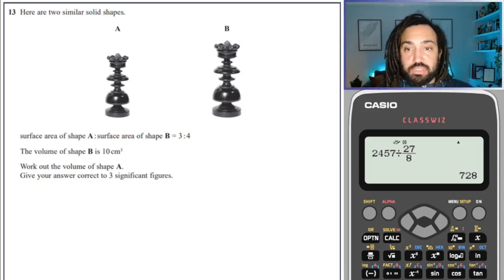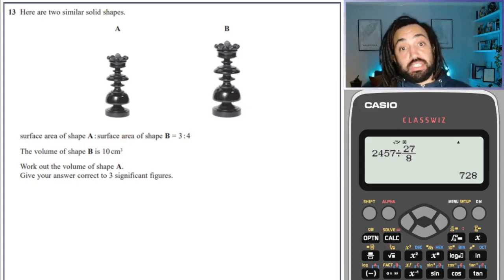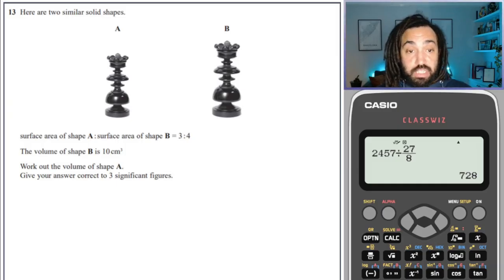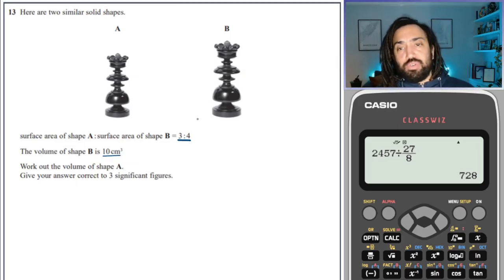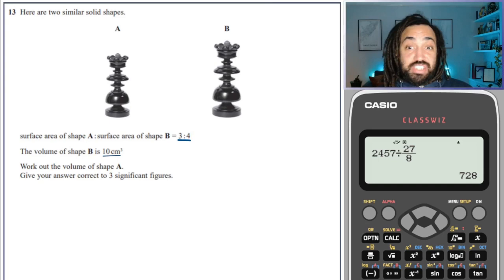Okay, next question. We've got two similar shapes. It looks like chess pieces, queens. The surface area of A to B is 3 to 4. Okay, and the volume of shape B is 10. So when you've got it in ratio form, it's just easier to keep it in ratio form, I find.